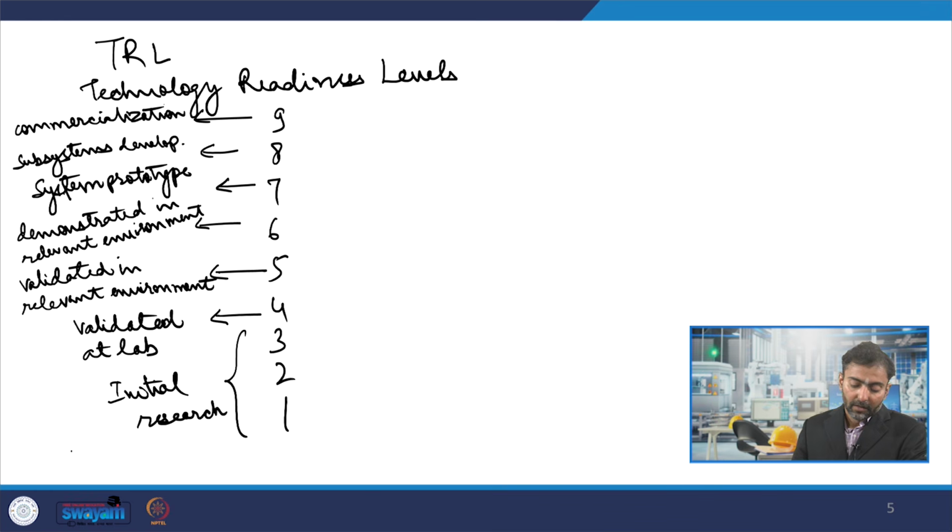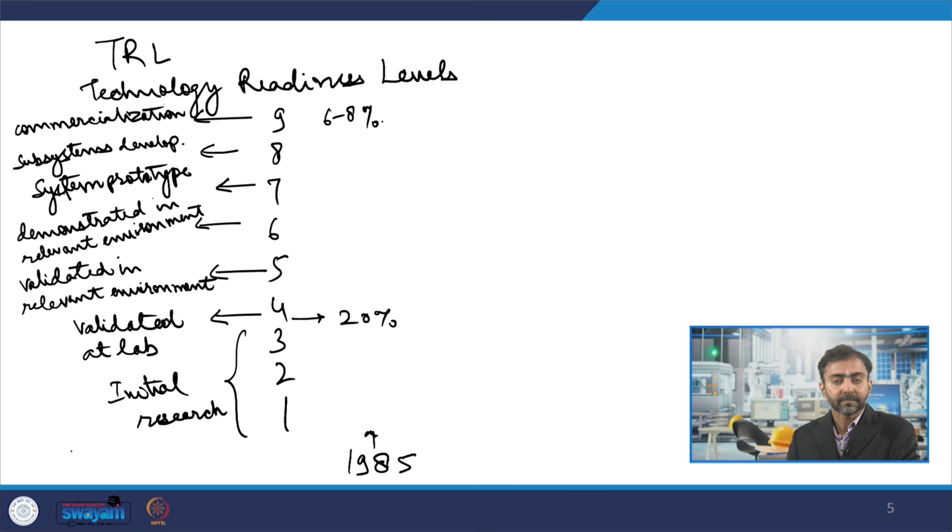technology evolves. So when we say that in 1985 the solar cells had achieved 20% efficiency benchmark, that was at around TRL 3, 4, that in lab scale 20% efficiency of solar PV cells was achieved. But if you look at the commercially available solar cells in 1985, it might have been hardly around 6 to 8% efficiency.